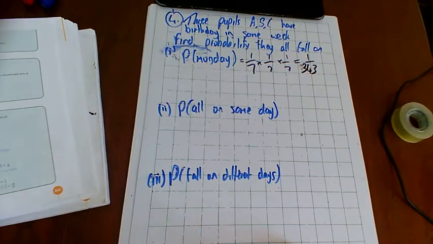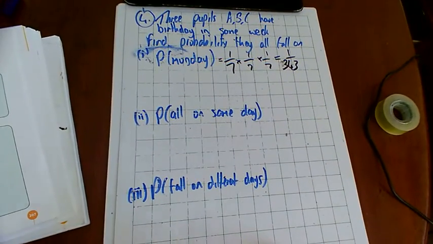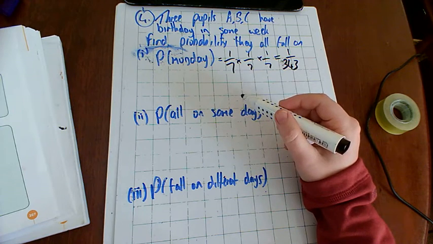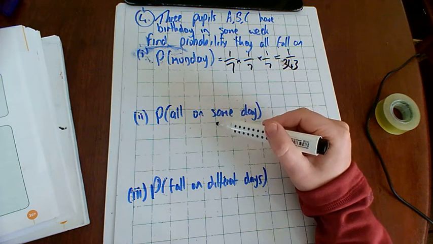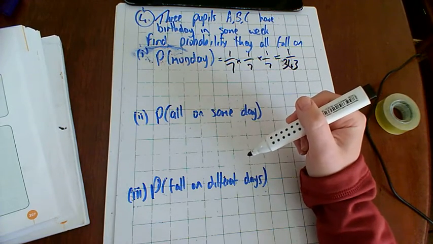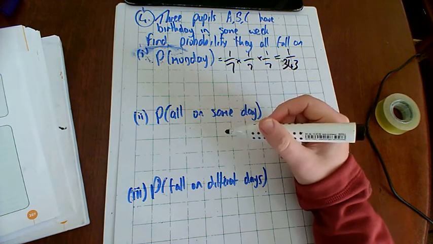The next 2 questions are the ones that catch out people. The probability that they all have it on the same day. If we take A, he definitely has to have his birthday on one of the days.